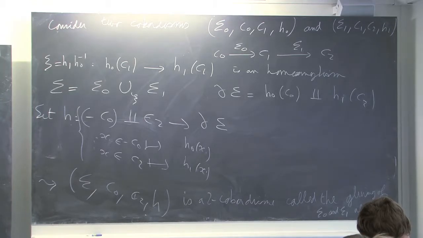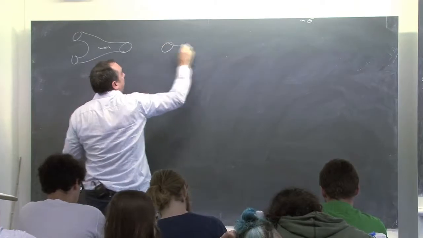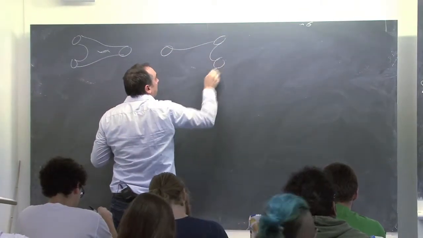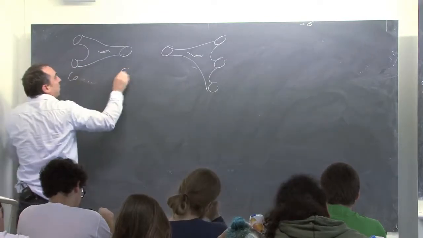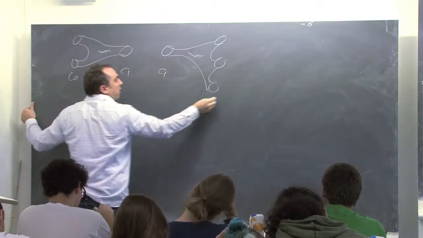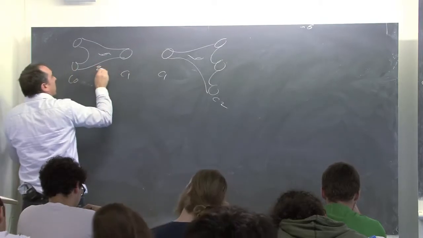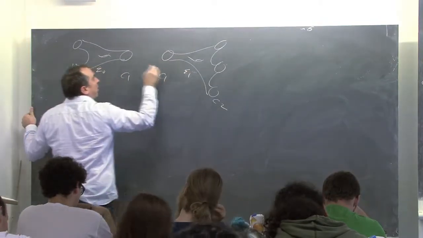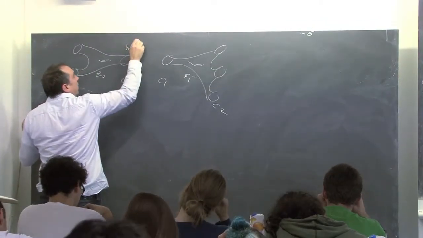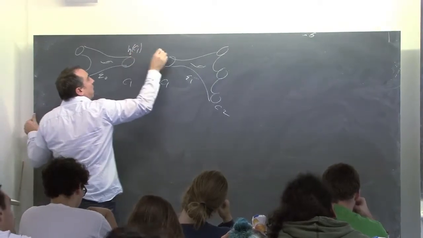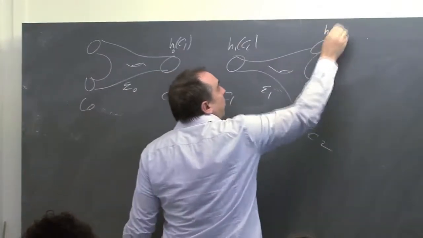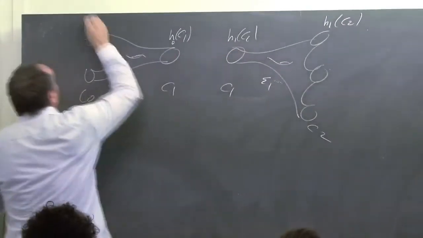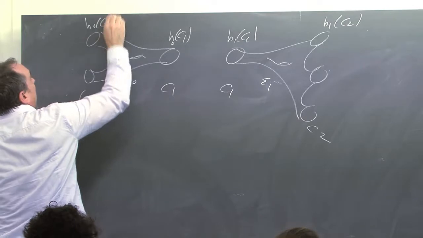Graphically, it's quite clear. So C0, C1, C1, C2, sigma 0, sigma 1. This is H0 of C1, H1 of C1, H1 of C2, H0 of C0.